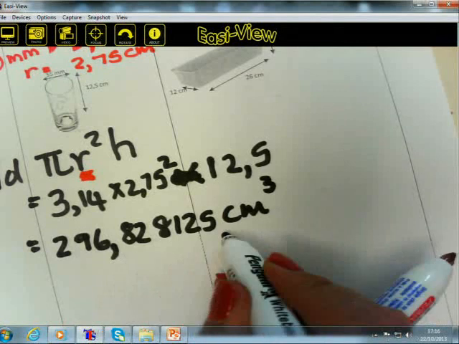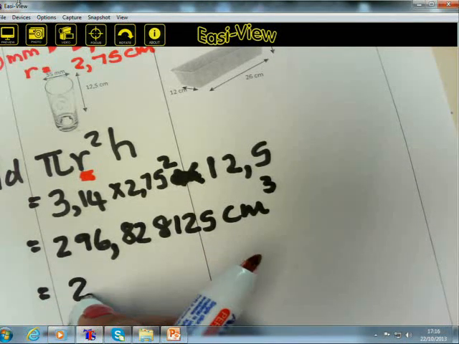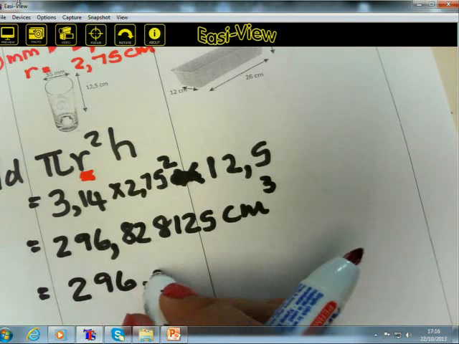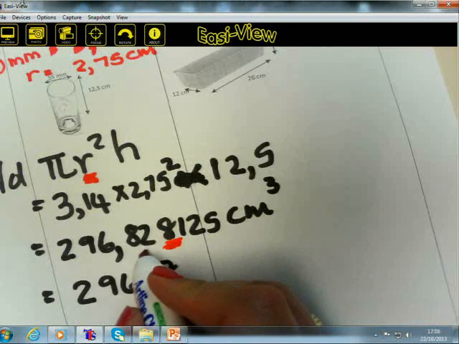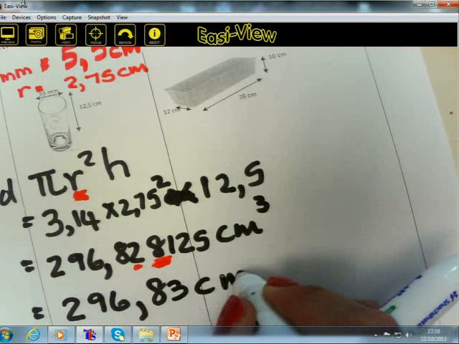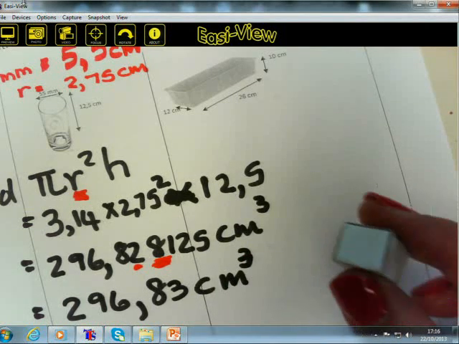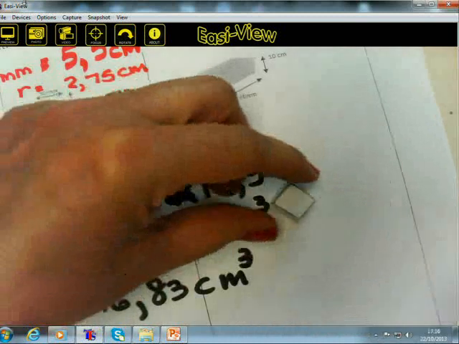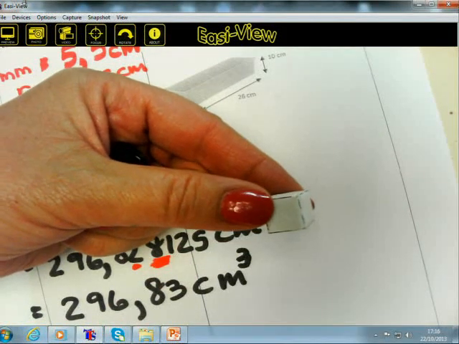Red light. I cannot work with that. I must round it to 2 decimals. So it's 296,8. Now I look, what is after this 2 is an 8. So it will change that to a 3. So many cubic centimeters. But can you remember I said 1 cubic centimeter is equal to 1 milliliter.